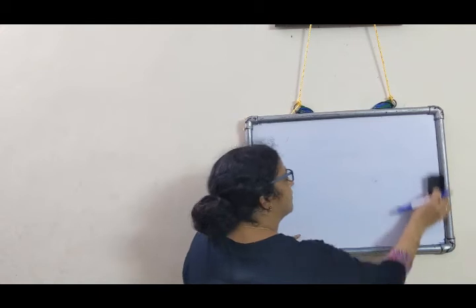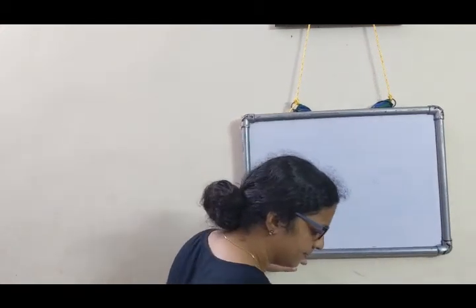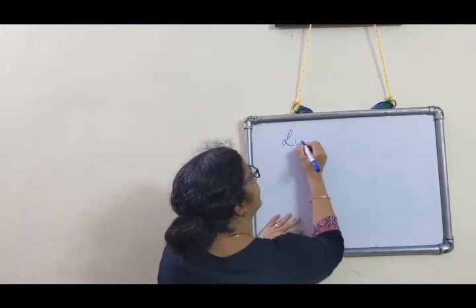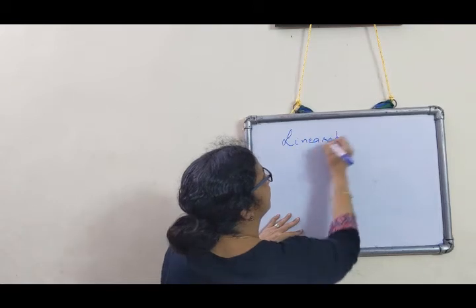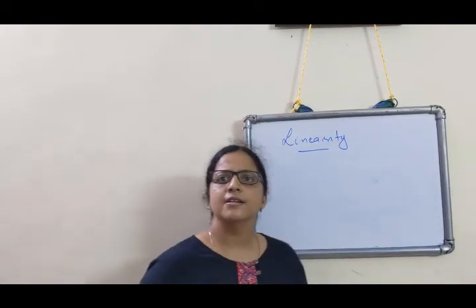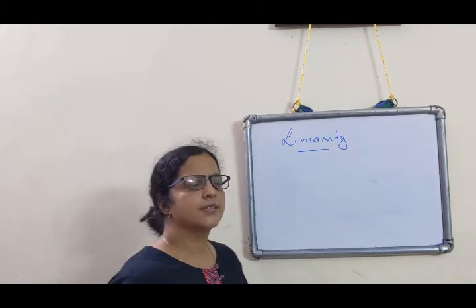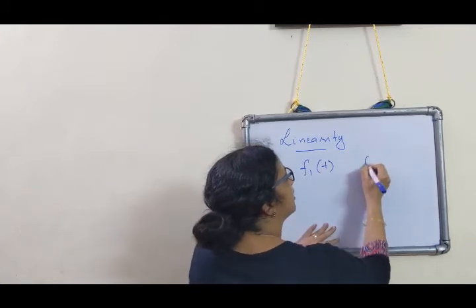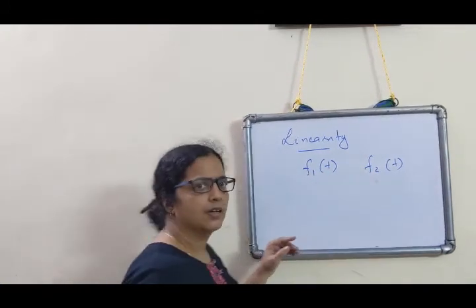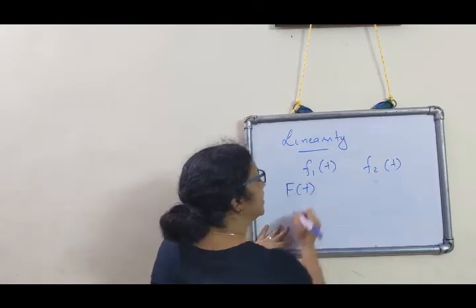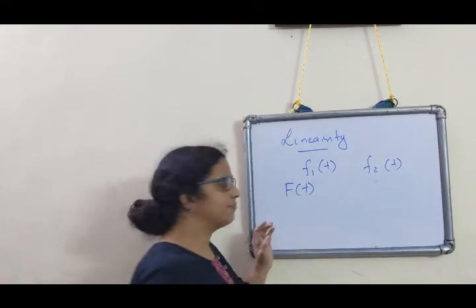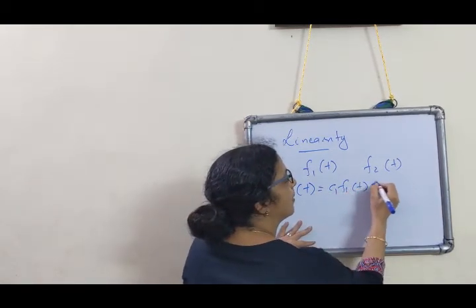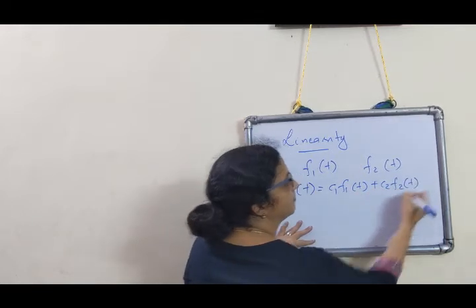Now, let's look at the properties. The first property is linearity. For that we are considering two functions for which Laplace transforms exist. They will be f1 of t and f2 of t. And if you are considering another function which is a linear combination of f1 and f2, let it be written like this: f of t is equal to c1 f1 of t plus c2 f2 of t.